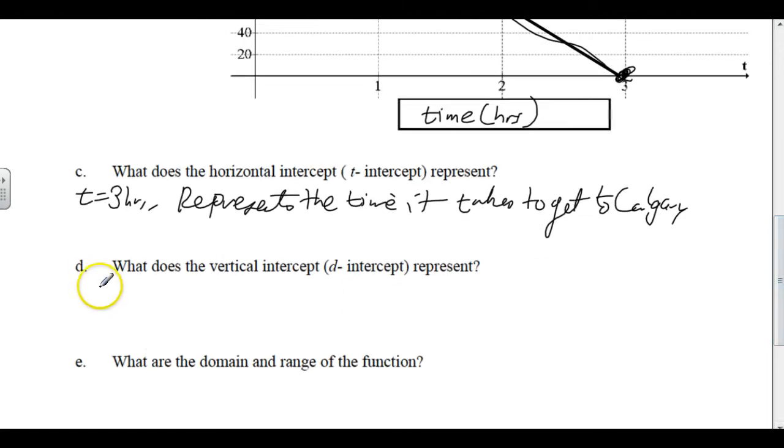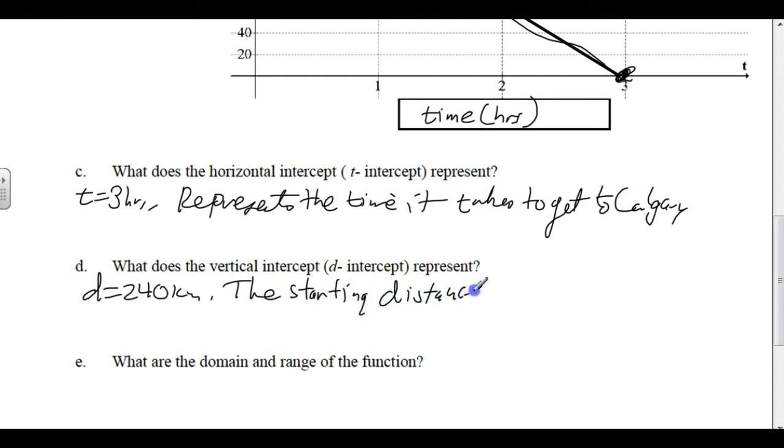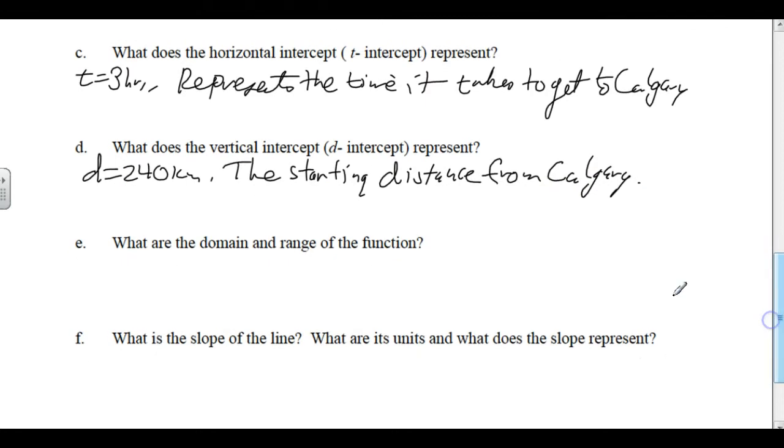What does the vertical intercept, D equals 240 kilometers, represent? The starting distance from Calgary, the point at which we started the clock, right? At time 0 hours, we were 240 kilometers from Calgary.